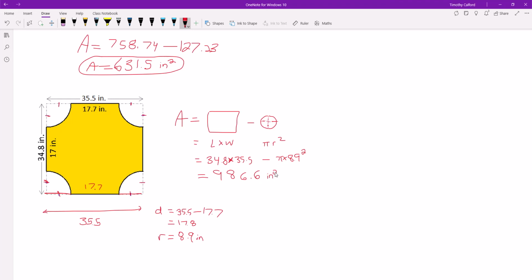Inches squared. So that's our total area.